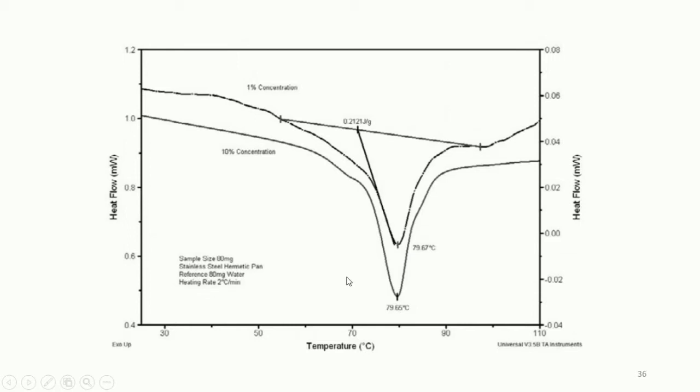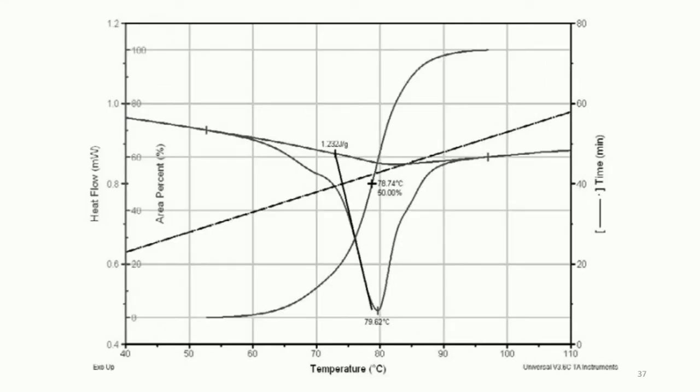The fact that peak temperatures differ by only 0.2 degrees Celsius provides confidence that minimal aggregation occurs at 10% concentration. So there is a great flexibility in analyzing data.